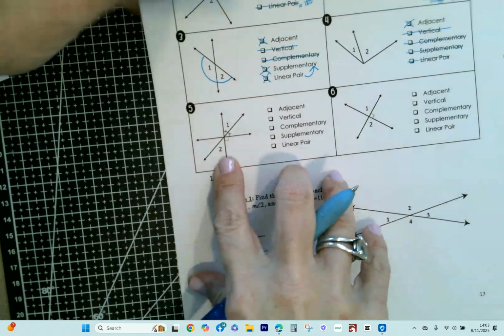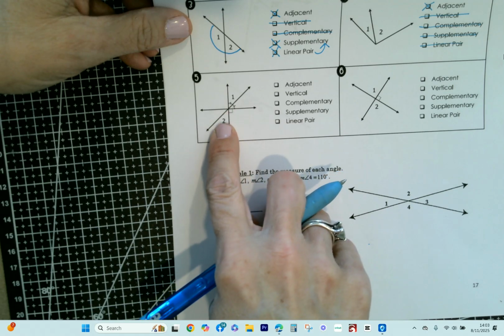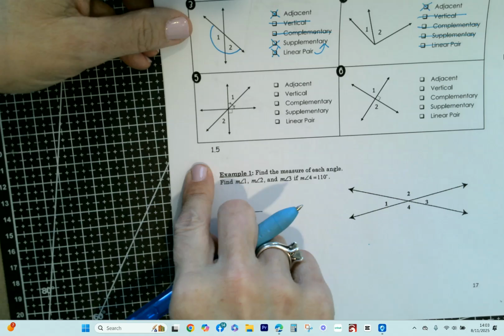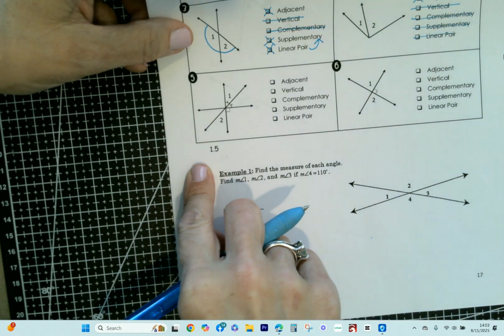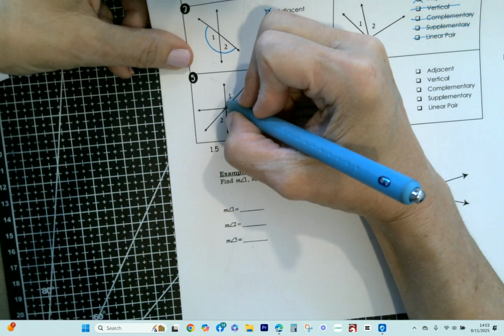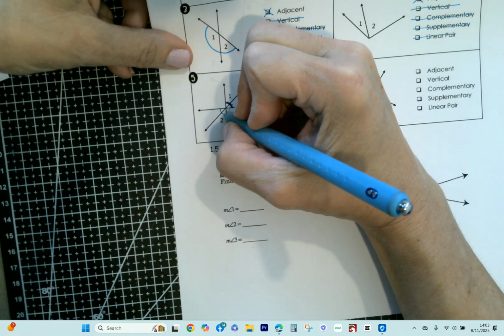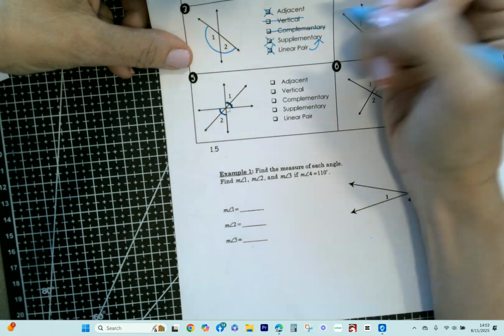Okay, and then here we go. We have angle 1 and we have angle 2. There's a couple things going on here. You see all of this right here? So all of that and all of that are the same.